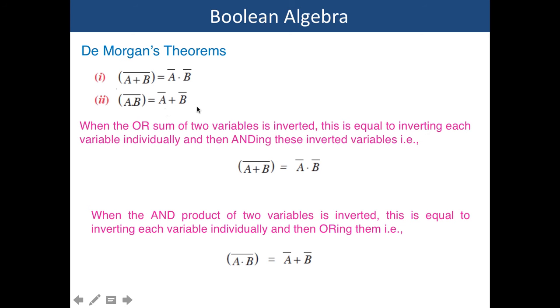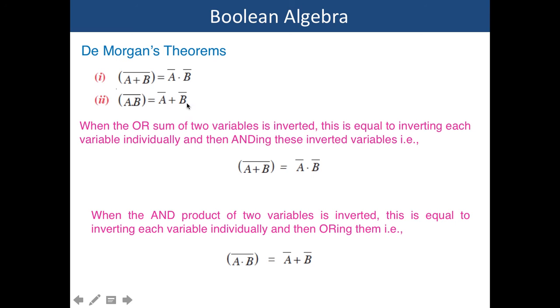Here you can see you can convert the OR gate into an AND gate, and also individually invert, so OR gate to AND gate, with both inverted individually, a bar and b bar.